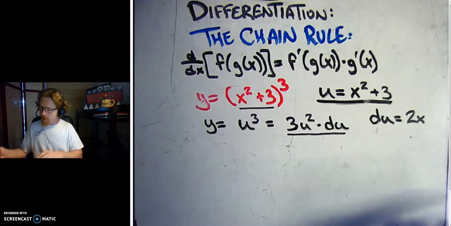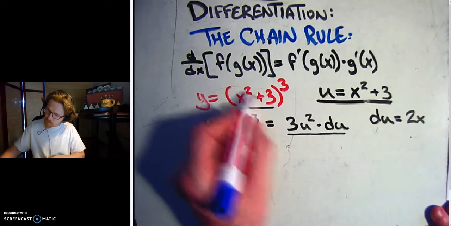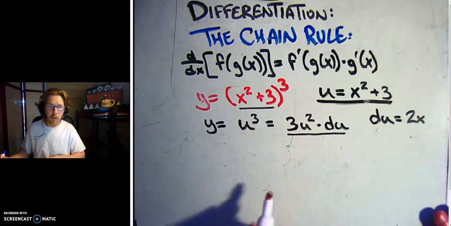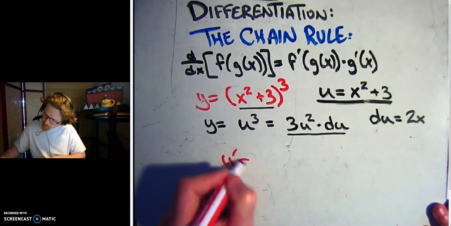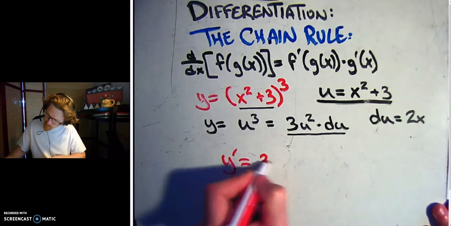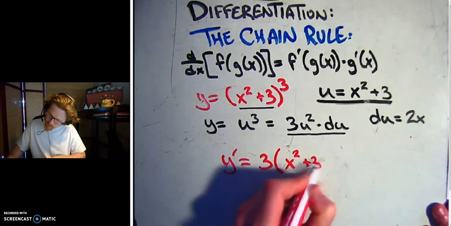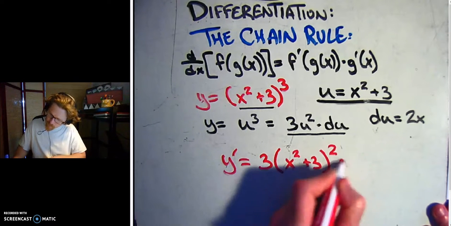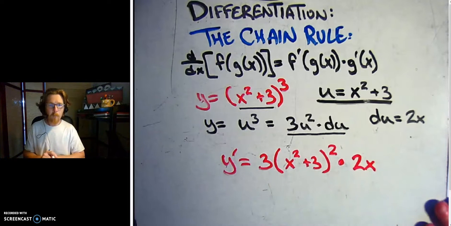So let's go back to our original function. If y is equal to x squared plus 3 to the third power, then the derivative of y is going to be 3 times x squared plus 3 squared times 2x.